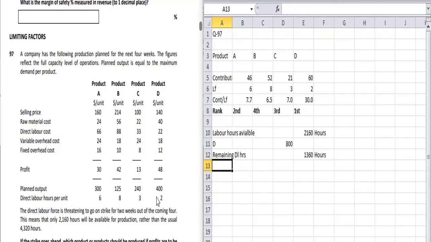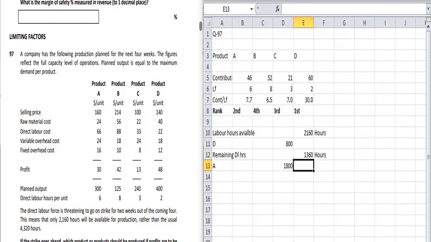After D, we will manufacture product A, and product A requires 6 direct labor hours. And how many units of product A? The maximum demand is 300, so 300 times 6 is 1800.